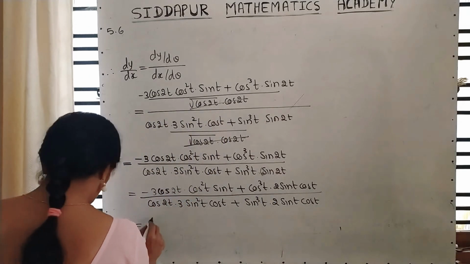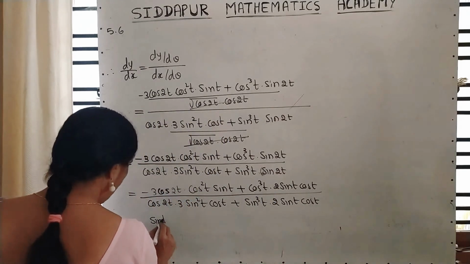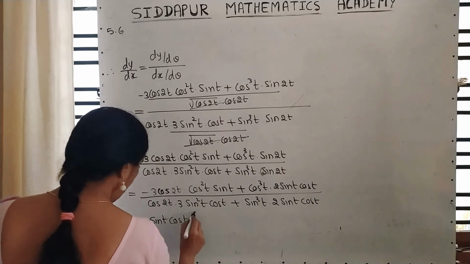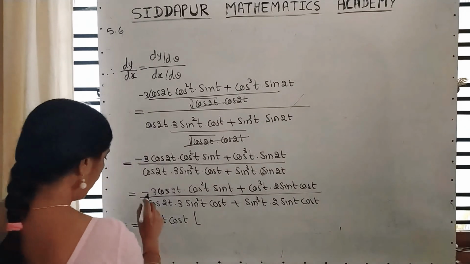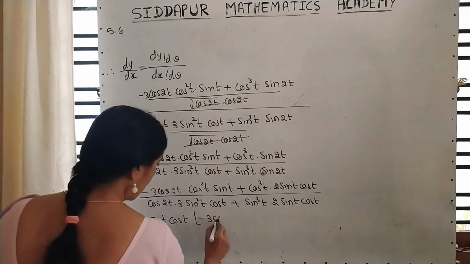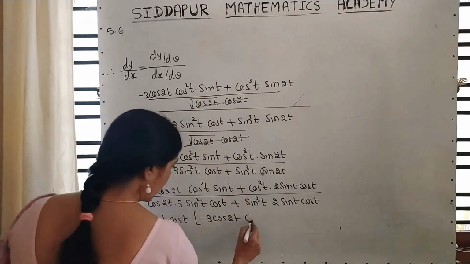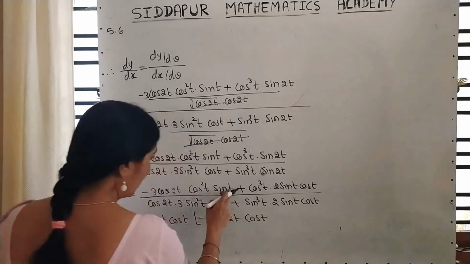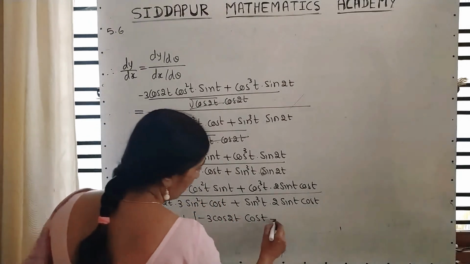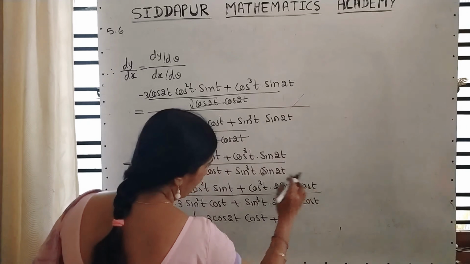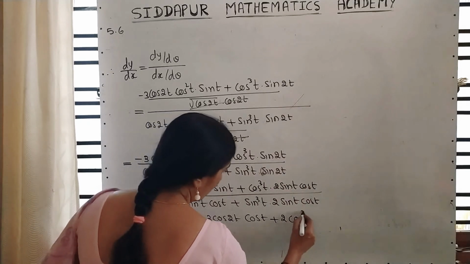Now take sin t into cos t common in both numerator and denominator. In the numerator, minus 3 cos 2t. Out of cos square, one cos we took common, only one cos is remaining. This sin is common. Plus 2 into sin and cos common, 2 into cos cube t.